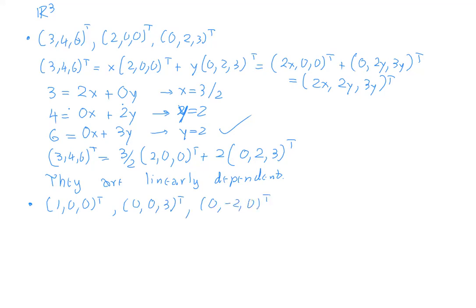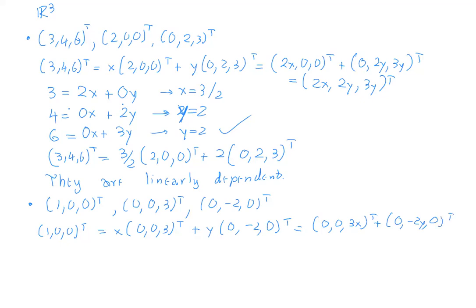Okay, so if I try, for example, to get the first one and write it as x times 0, 0, 3 plus y times 0, negative 2, 0, let's see what I get. I get 0, 0, 3x plus 0, negative 2y, 0. So pretty much this is the same thing as 0, negative 2y, 3x, right?